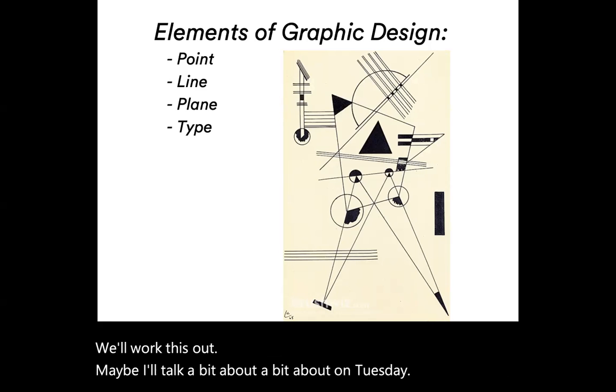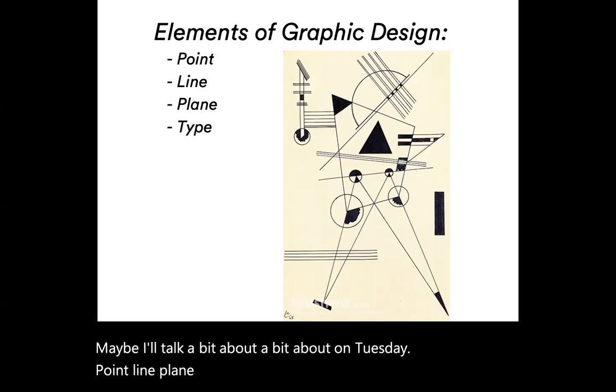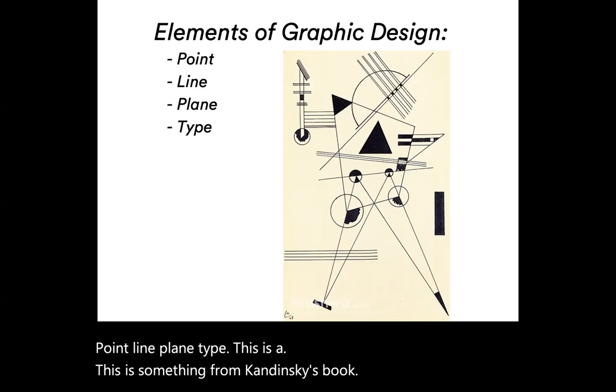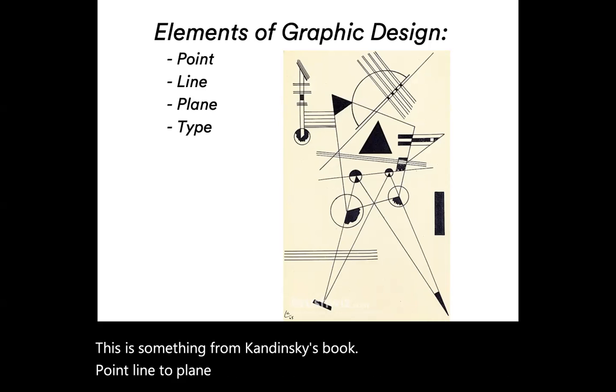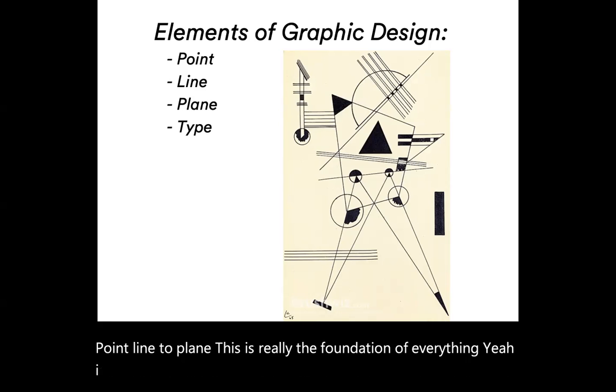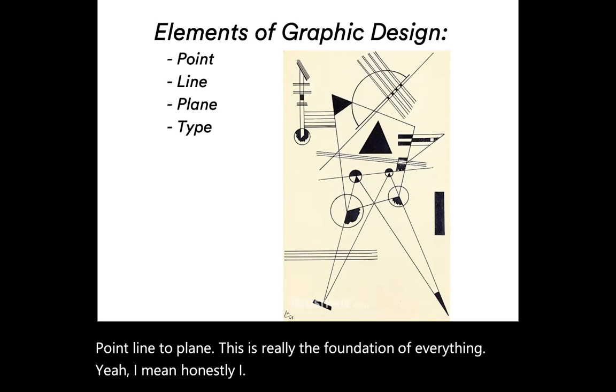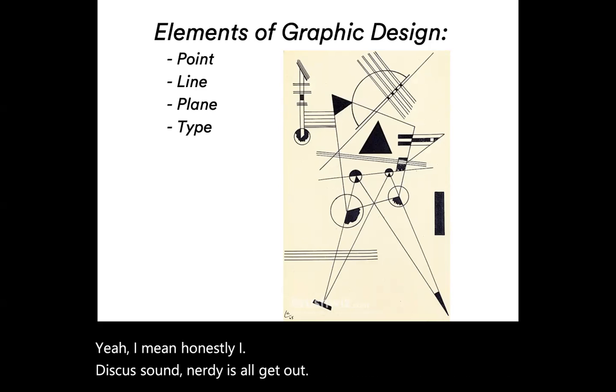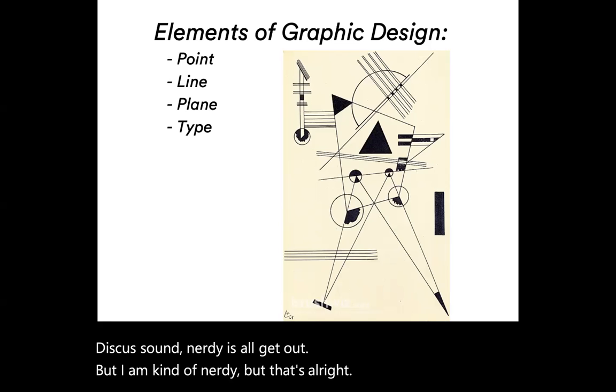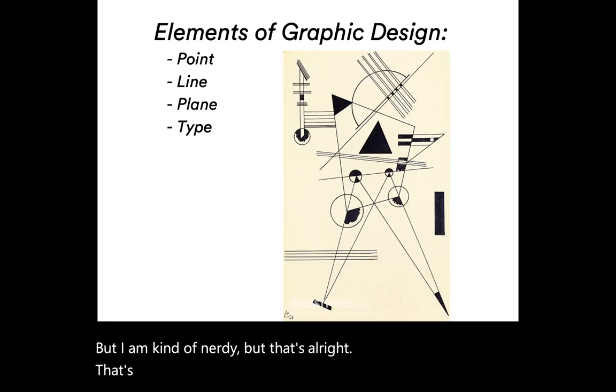Point, line, plane, type. This is something from Kandinsky's book, Point and Line to Plane. This is really the foundation of everything. I mean, honestly, this could sound nerdy as all get out, but I am kind of nerdy, but that's all right. Oh my God, what a shock, a nerdy professor.